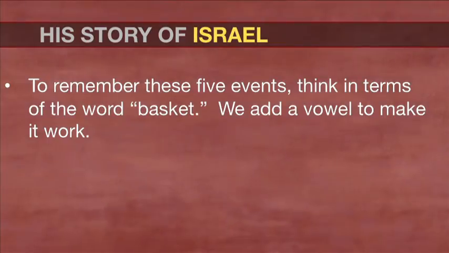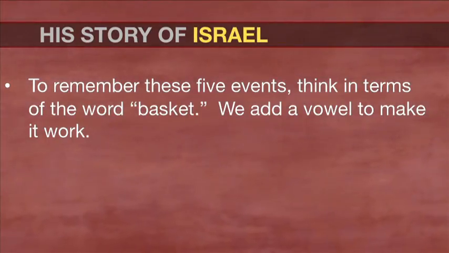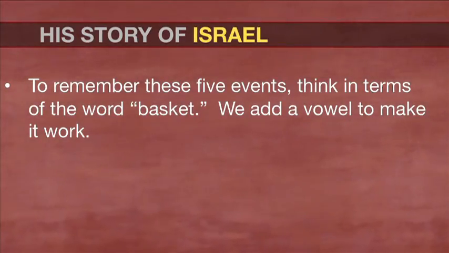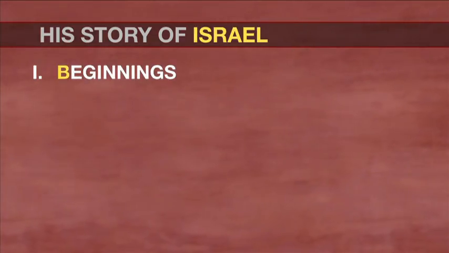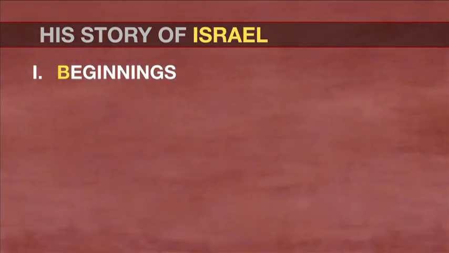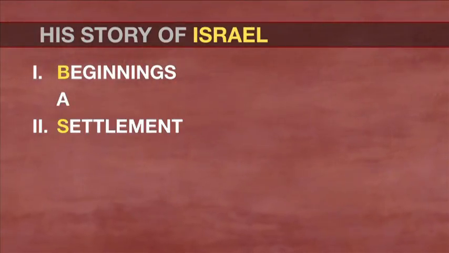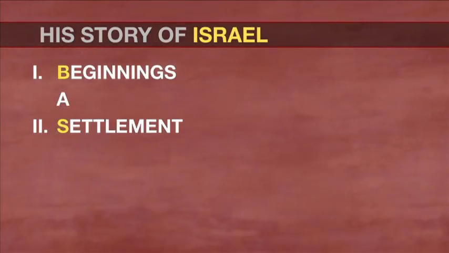All right, let's look at this. To remember these 5 events, think in terms of the word basket, and we're going to add a vowel. The A will be the vowel that we add. B, beginnings. Now, we're not going back to creation. We're talking about the beginning of the nation of Israel. Beginnings. A means nothing. S is settlement.